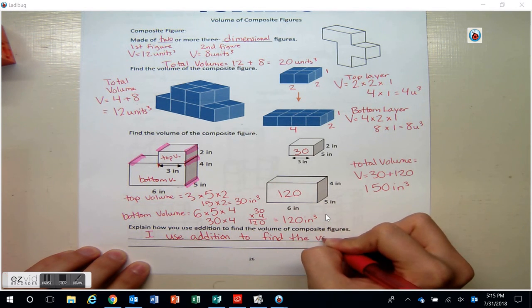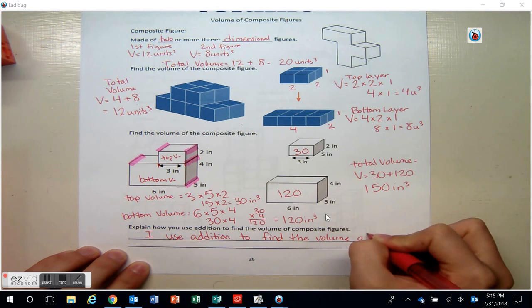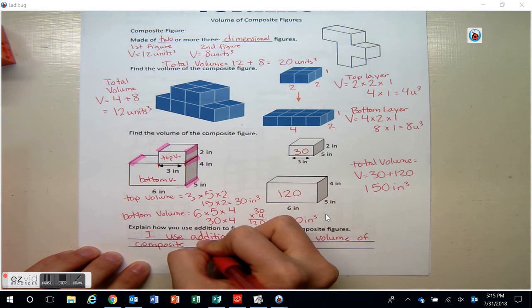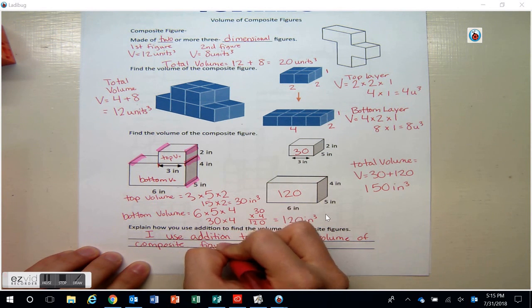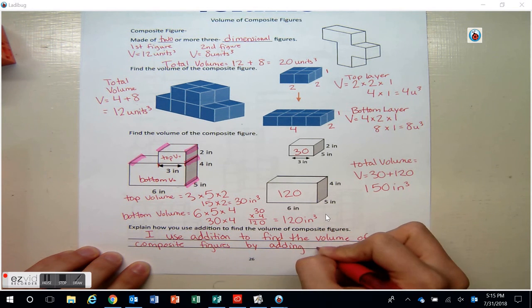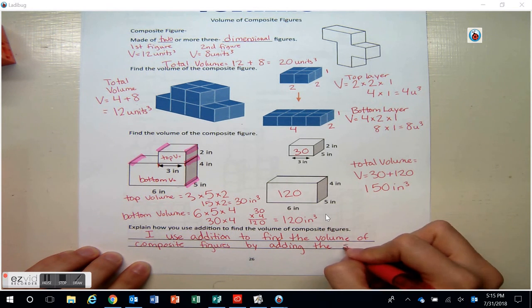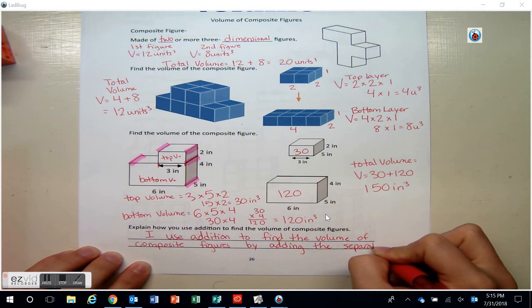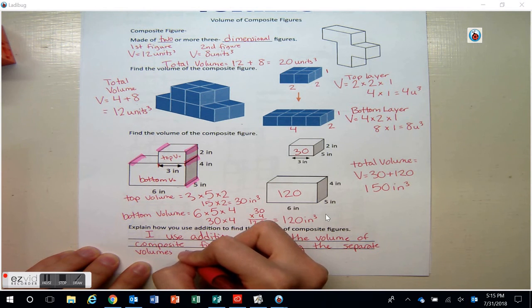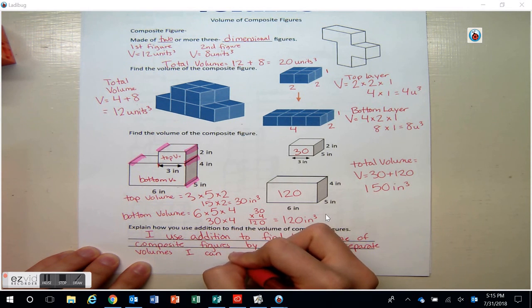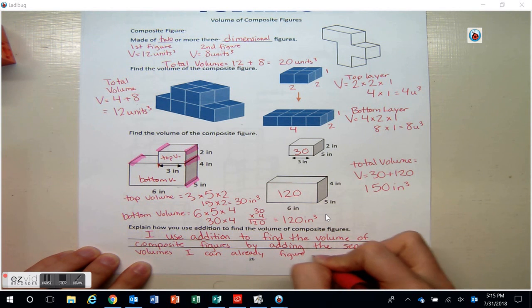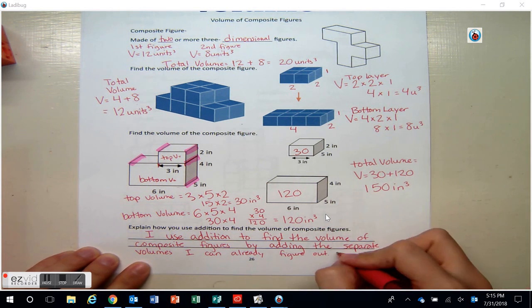I use addition to find the volume of composite figures by adding the separate volumes I can already figure out.